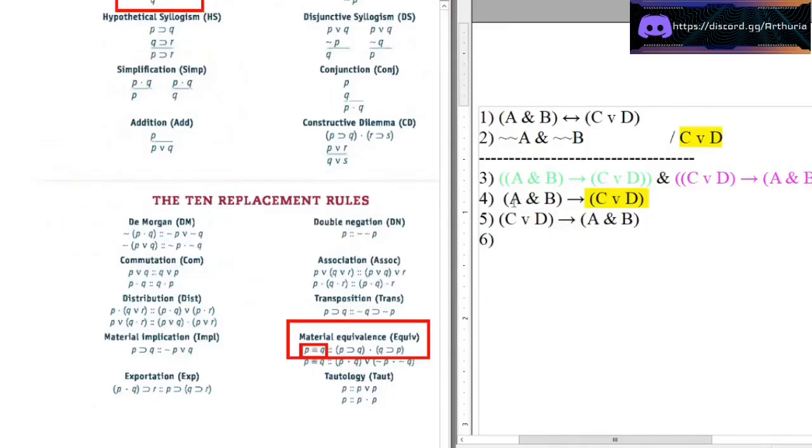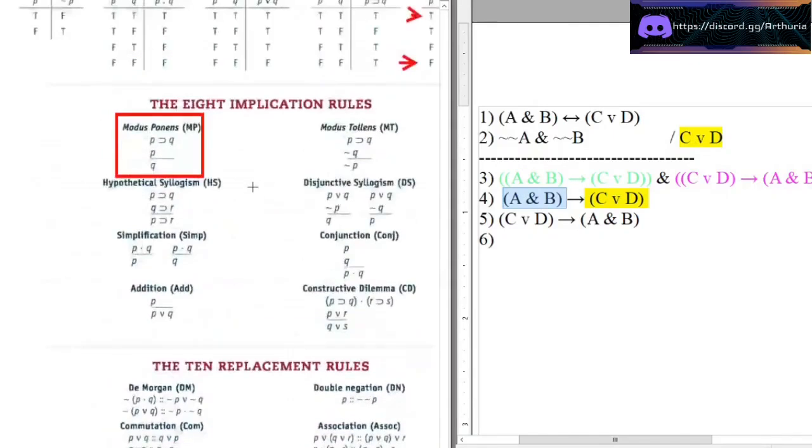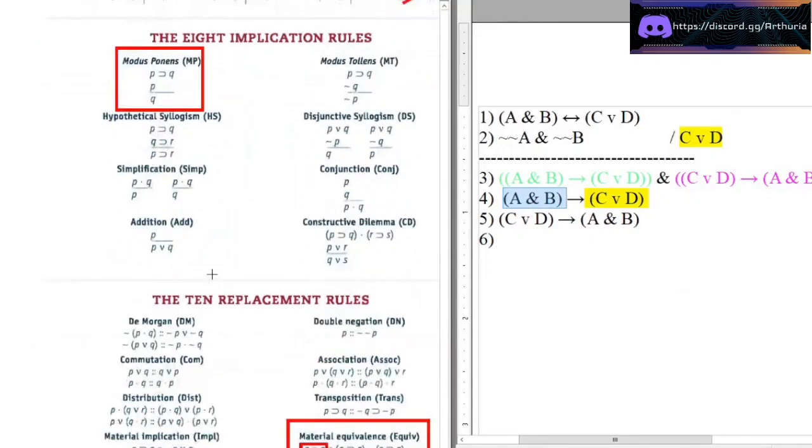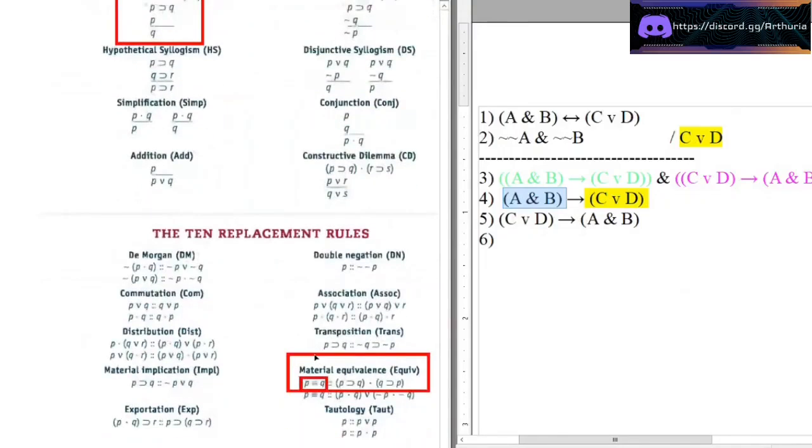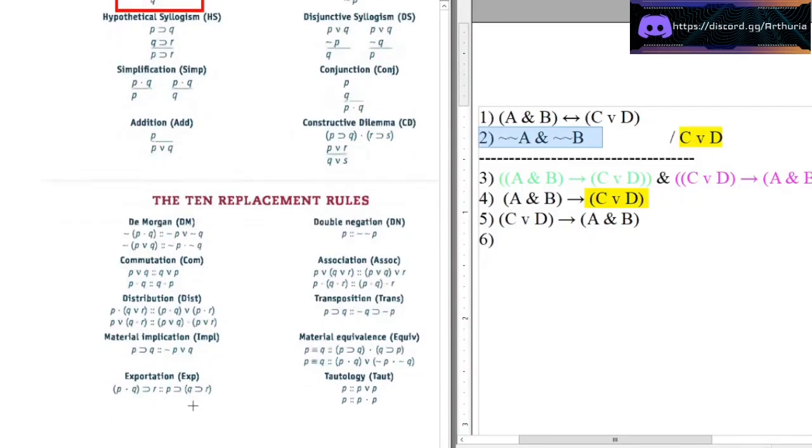If we had this guy, then we could modus ponens. So how do I get this guy? Well, we haven't used line 2 yet. So it might be a clue to use something in line 2.